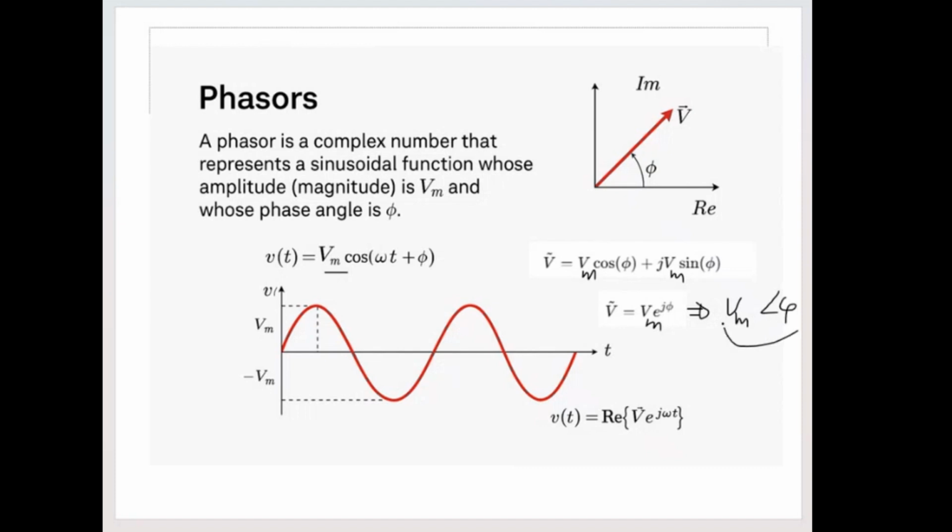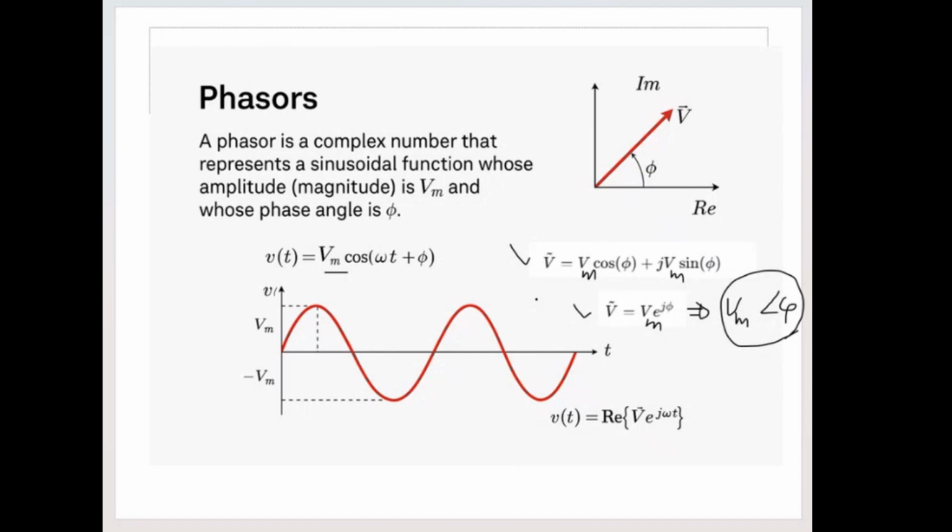This is the phasor. This is the exponential complex format, and this is the rectangular format of the phasor, because you can convert these to each other, as we actually discussed about this topic in the previous video on complex numbers.